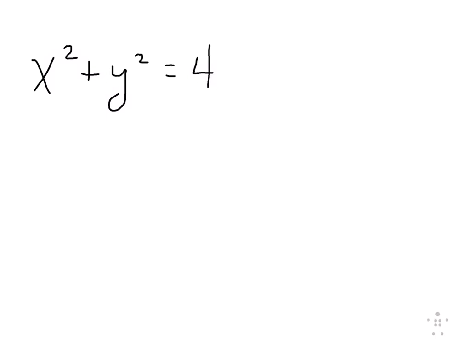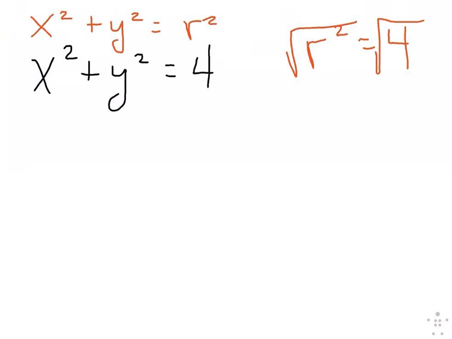The formula we're basing this off of is x squared plus y squared equals r squared. So r squared equals 4 is what you'd have to work from for the radius. You basically square root that number, and that's your radius.